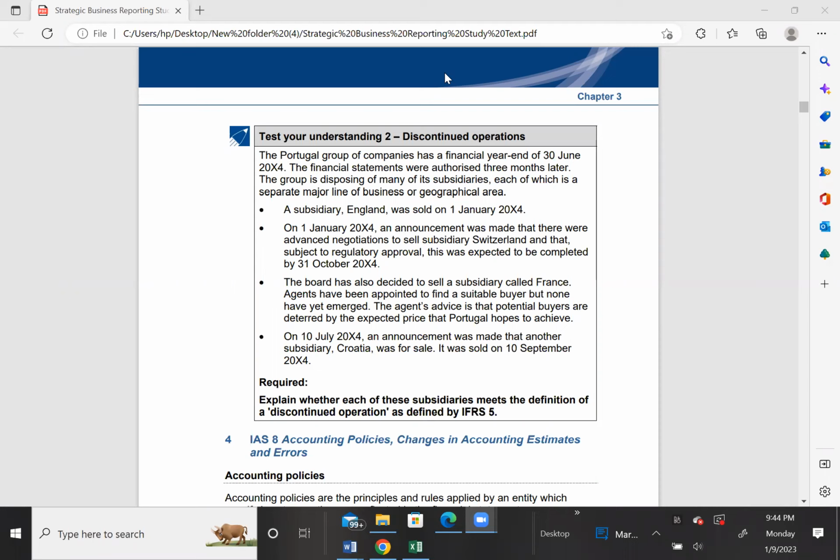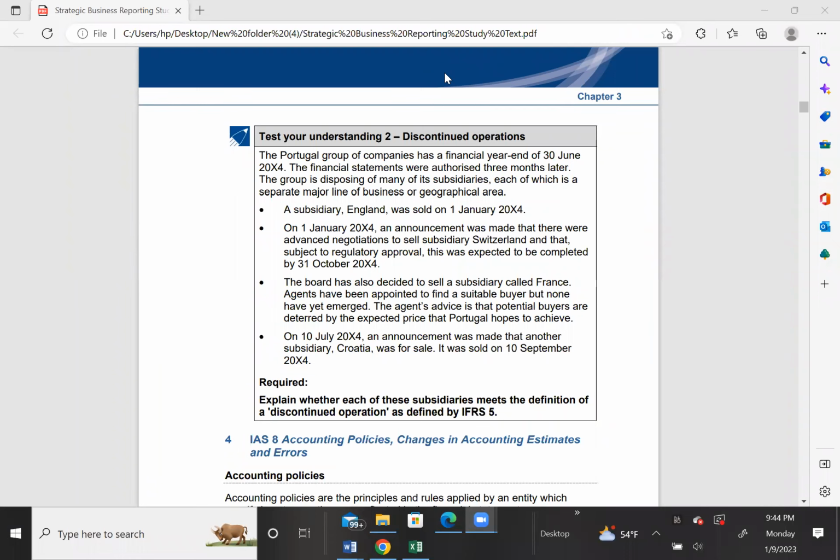That means unless we get regulatory approval, the subsidiary cannot be sold. So it is not available for immediate sale, and it cannot be classified as a discontinued operation, because it cannot be classified as held for sale.